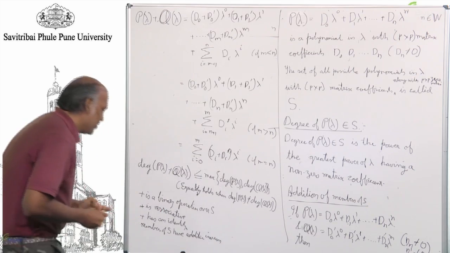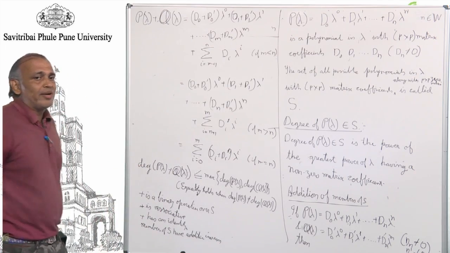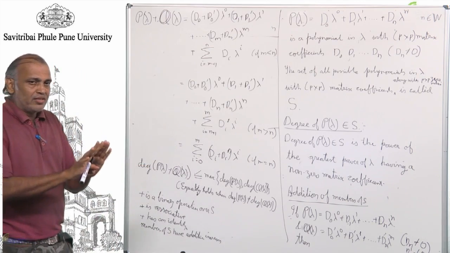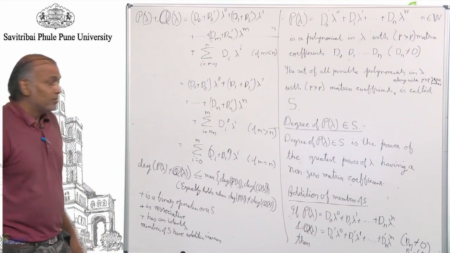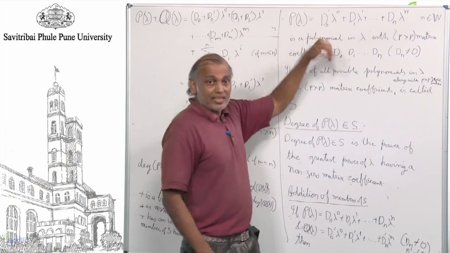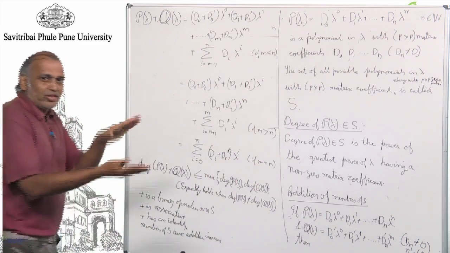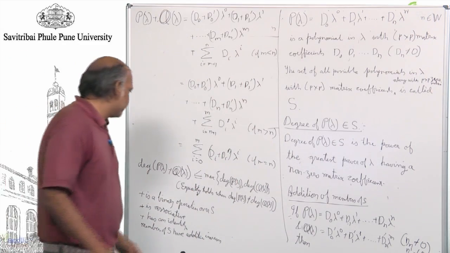That means for any polynomial p of lambda, there will be another polynomial q of lambda, so that p of lambda plus q of lambda would result in the null matrix. Basically, you take this polynomial and take another polynomial with negative matrices everywhere, and if you add all that, you will get 0.